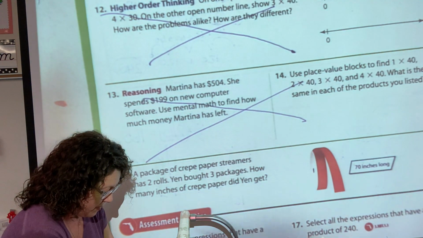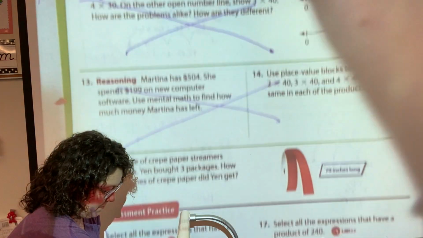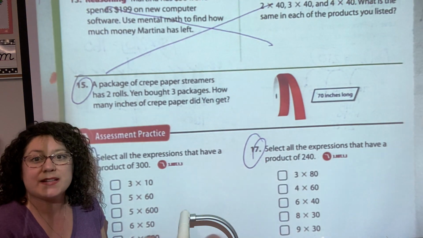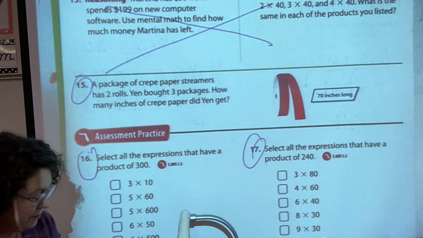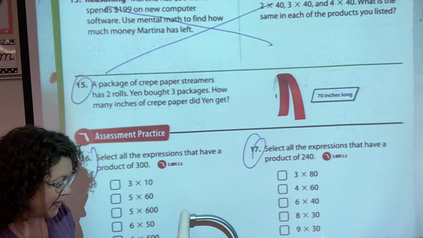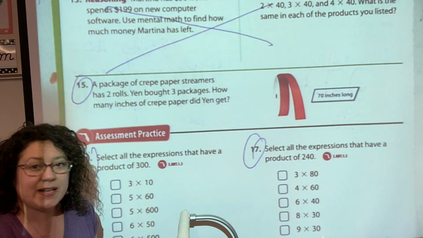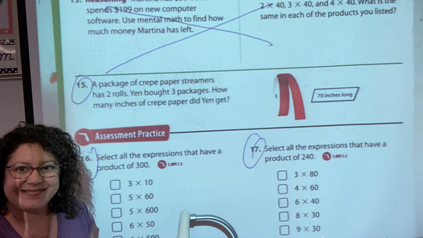Then you're going to do 15, 16, and 17. Okay? So it's also on the assignment board if you didn't get it down. So yes, number 11. No, 12, 13, 14. Yes, 15, 16, 17. All right?